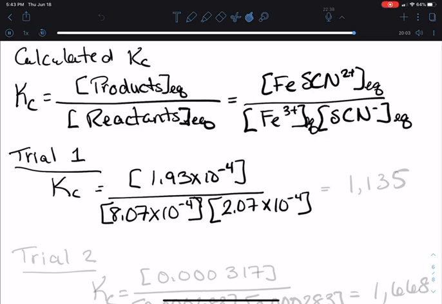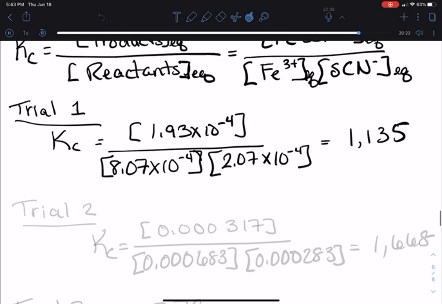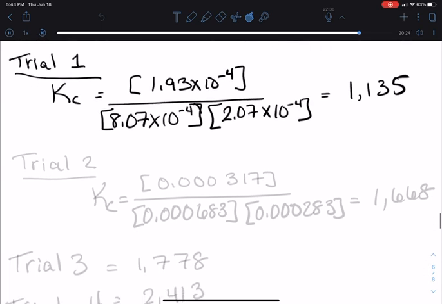And this is where the number gets crazy. That would equal for me 1,135, and it should be somewhere around 40-ish. But our math is still correct, so that's what we're going to go with. So for trial 2, we do the same.